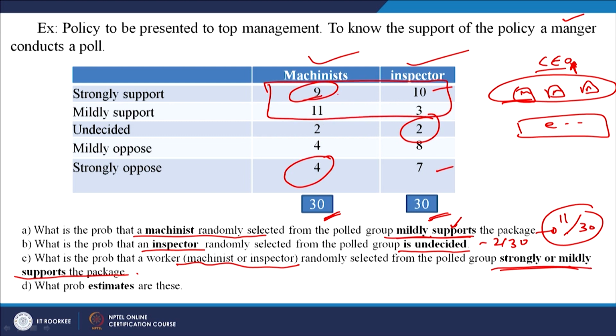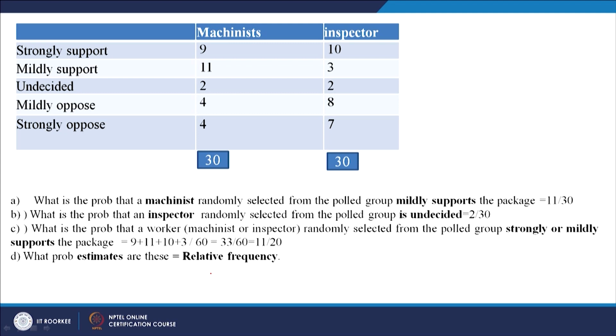So, this becomes 20 and this becomes 13, so the total is 33, 33 by 60, because we have to look at all the workers. What kind of probability estimates are these? These are relative frequency probability.